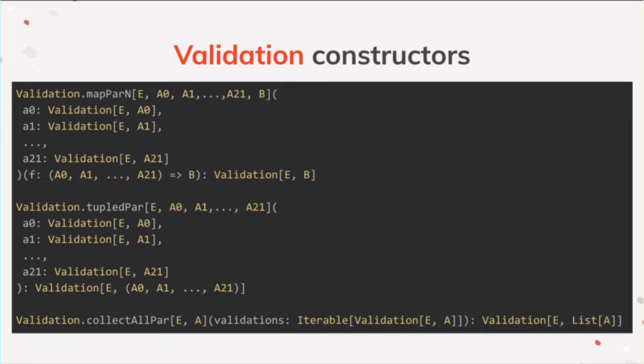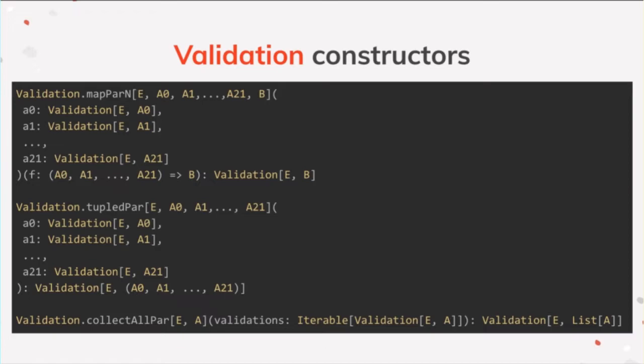If all the validations succeed, you will get a succeeded validation, but if one or several of them fail, you'll get a validation containing all the errors that happened when trying to combine the validations. So that's better than what we had with Either.